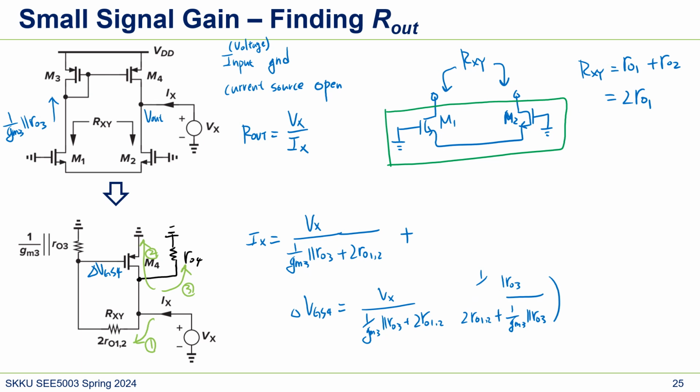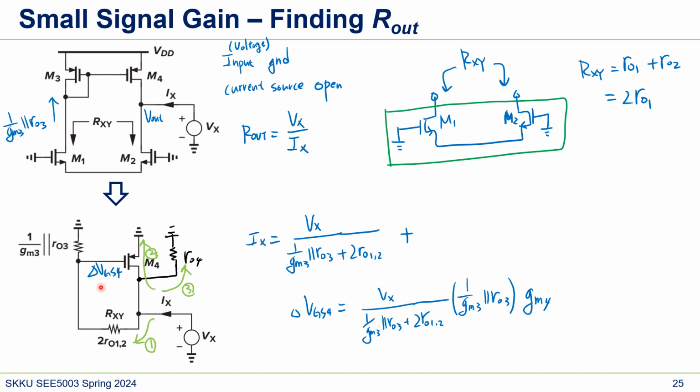Not this. Well, actually, we don't need resistive dividing. Actually, this is the current that flows to here, right? So all we need is just this current multiplied by this resistance. So this will be 1 over GM3 parallel RO3, and this is the voltage difference here, and then we're going to multiply by GM4, right?